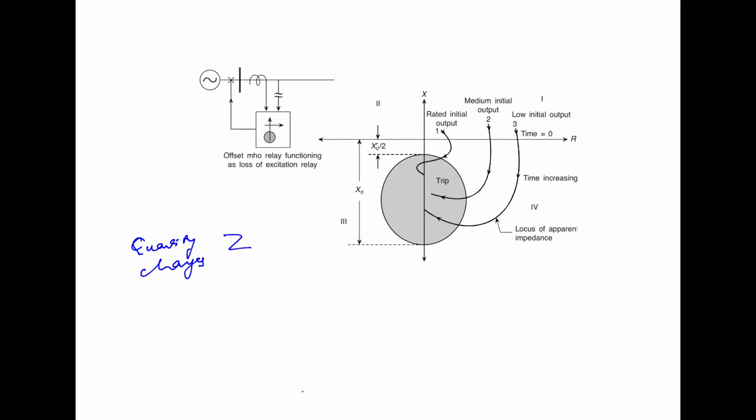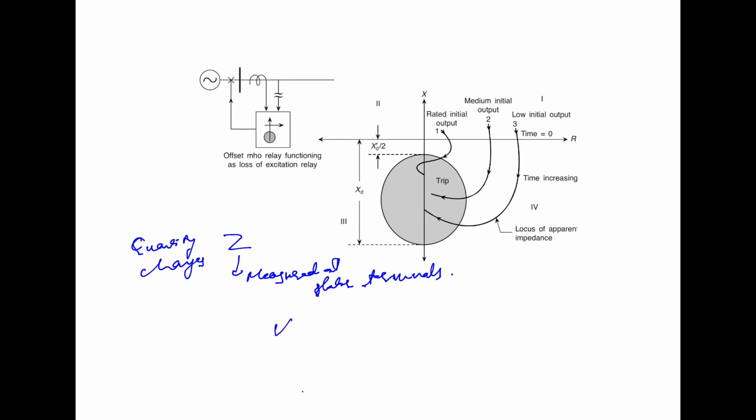Let us suppose Z is the impedance measured at the stator terminals. On the loss of the excitation, the terminal voltage begins to decrease.